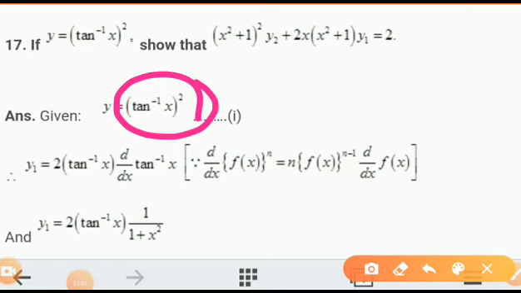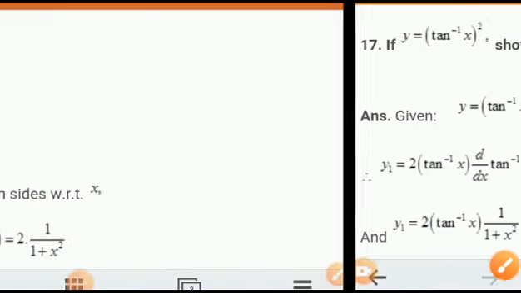So it will be n into x raised to n minus 1. So the derivative of tan inverse x raised to 2 will be 2 into tan inverse x into d by dx of tan inverse x. Is that clear? So the derivative of tan inverse is what? It is 1 by 1 plus x square.